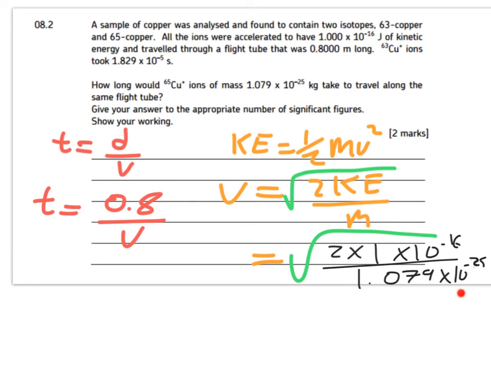Be really careful when you put this into a calculator. You need large brackets around this whole fraction. If you don't put large brackets around that, it will square root the top first and then divide, so you'll get completely the wrong answer.